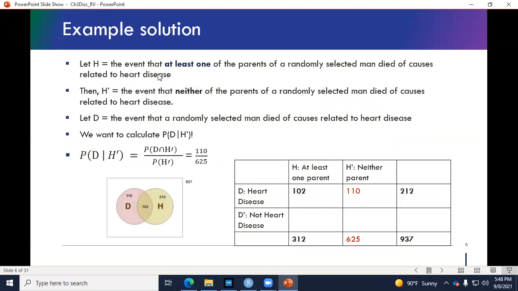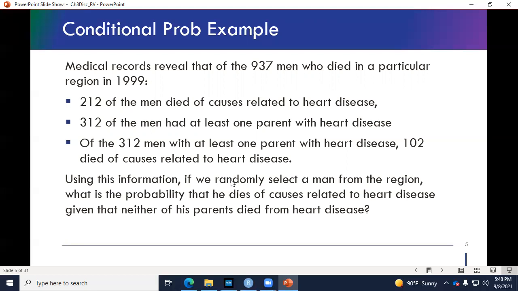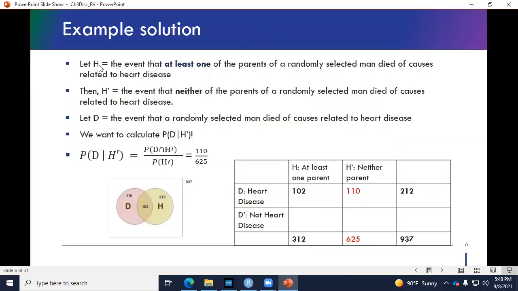By reading a statement, you should first try to define some events that you know from this statement. So if we define H being the event that at least one of the parents of a randomly selected man died of causes related to heart disease. I highlighted this.